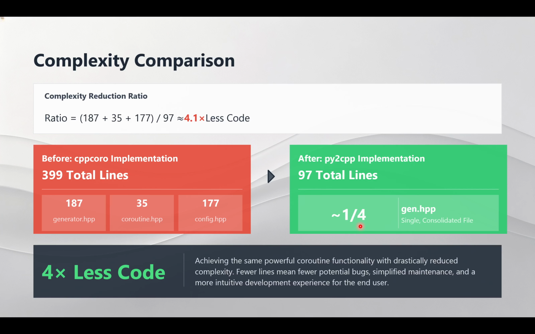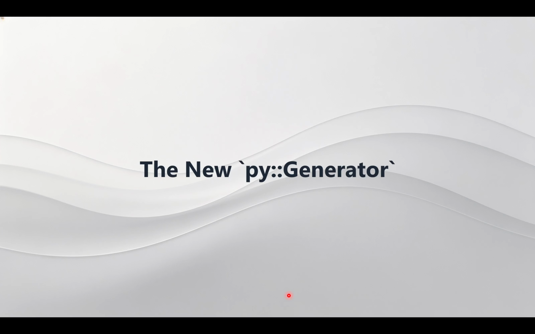And when Lux036 saw that bloat, the realization wasn't just to refactor CPP Coro, it was to aggressively sever the dependency chain entirely. Just throw the whole clock out the window. Exactly. And that philosophy birthed PyGenerator. Going from 400 lines down to 97 lines with literally 0 external dependencies is just an incredibly bold architectural statement. So how does PyGenerator actually pull that off? Well, it operates on the assumption of a modern compliant C++ setup.